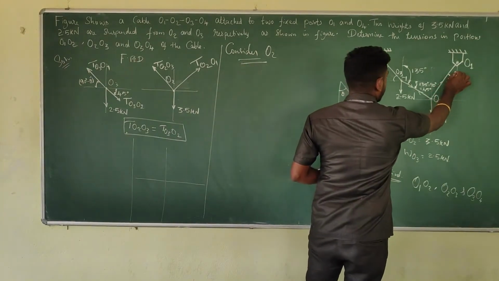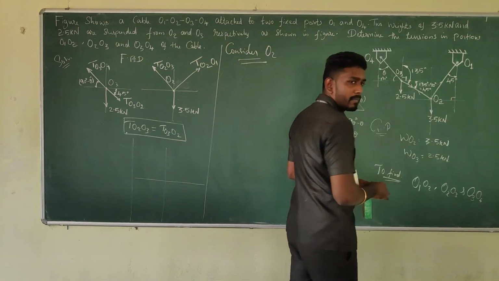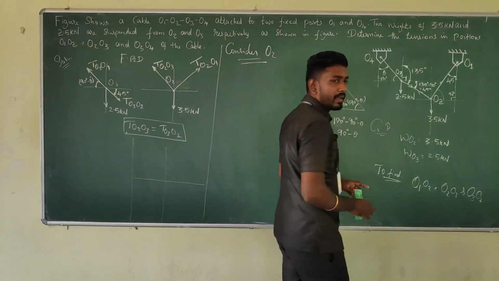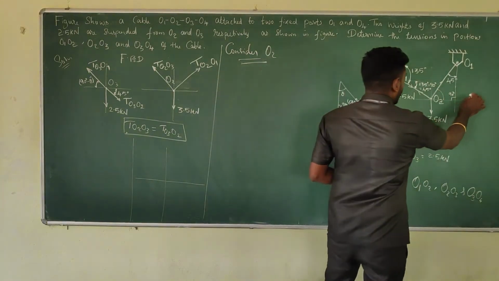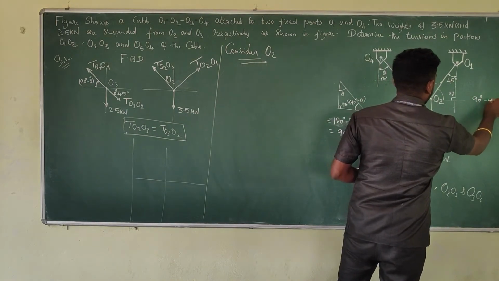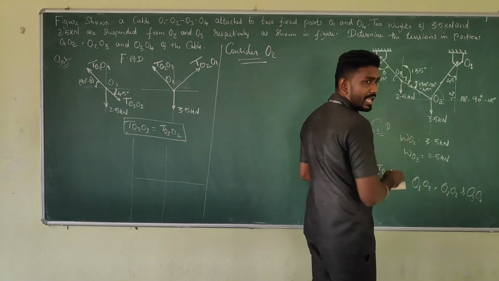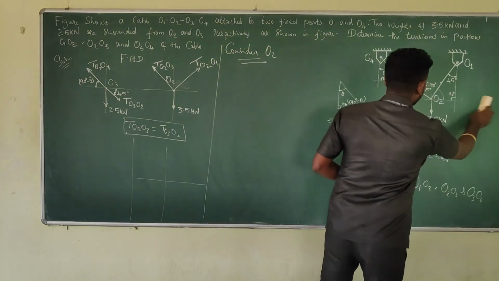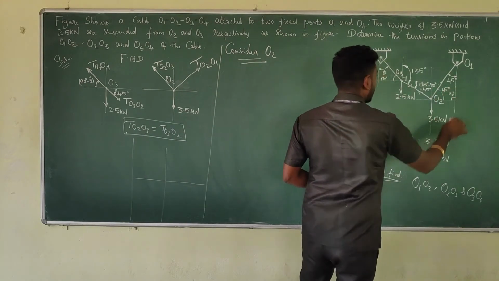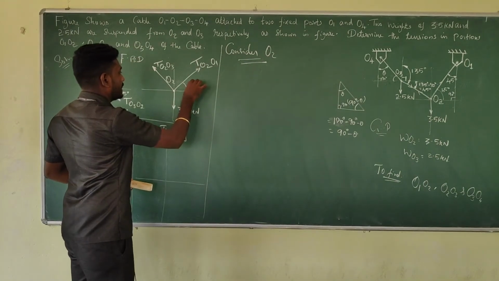So here it is mentioned, which is 45. So if you take the right angle triangle, this must be with 90 degree, so that this angle can be easily predicted. That means 180 minus 90 minus 45, you will get the answer here, which is nothing but 45 degree. Okay, so here it is with the 45 degree.